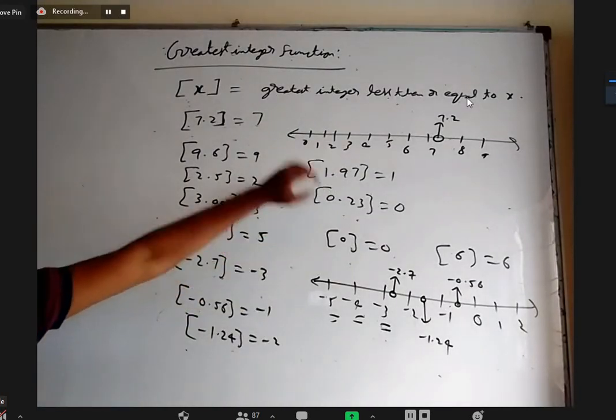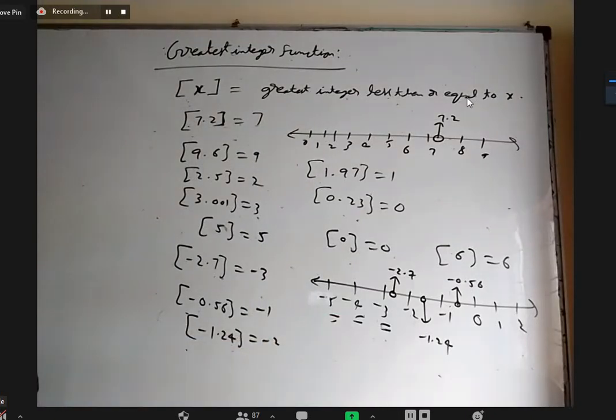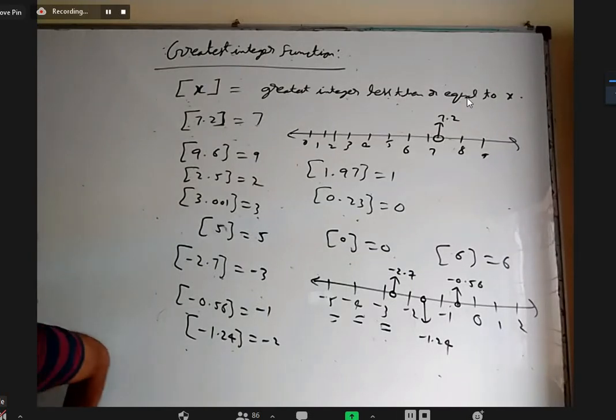For positive ones it may not be required so much, just one number line for the first example, but for this, it is better. Okay, everybody clear, right? Yes, sir.